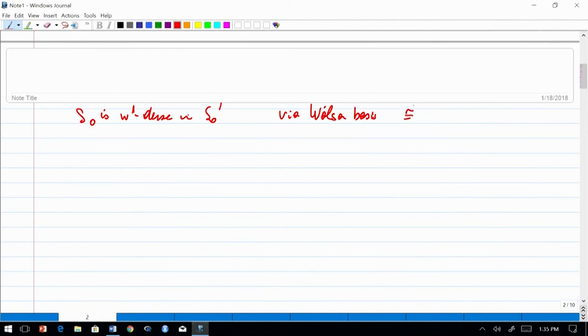That would mean I have an isomorphism between the Banach-Gelfand triple S0, L2, S0 prime and the sequence spaces L1, L2, and L infinity. That would be an isomorphism of Banach-Gelfand triples. So everything I'm doing in my Banach-Gelfand triple, I could do at sequence space level.